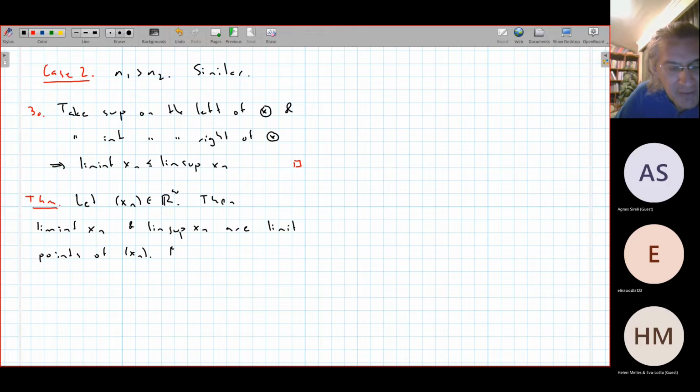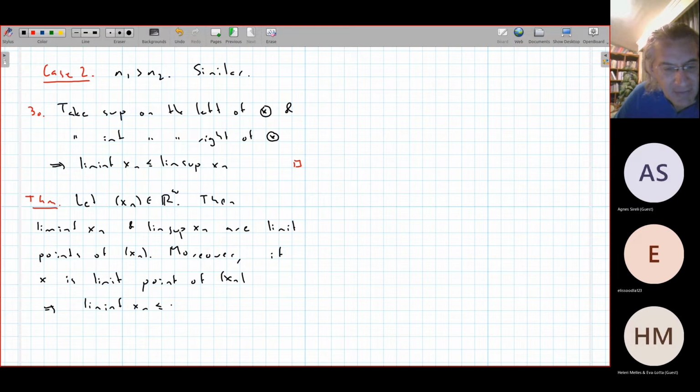And moreover, if x is a limit point of xn, then it turns out that liminf is less than or equal to x, which is less than or equal to limsup.